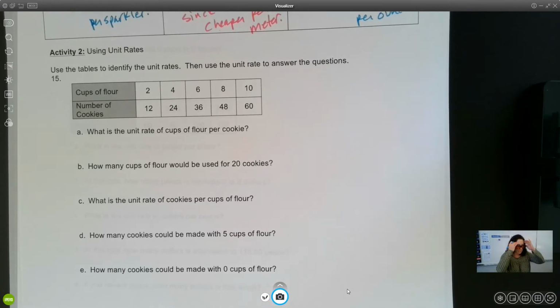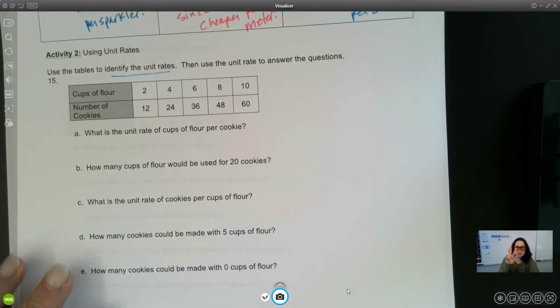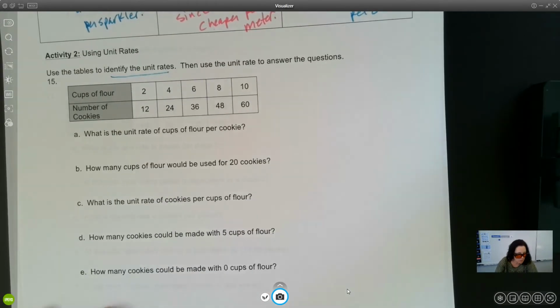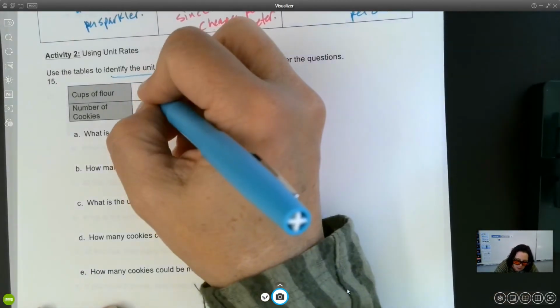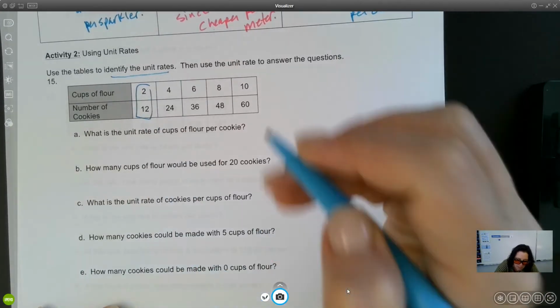Use the tables to identify the unit rates, then use the unit rate to answer the question. So identify the unit rates. Remember, there are 2 unit rates from the last lesson we did. It doesn't matter which one you look at. I'm going to look at this one.